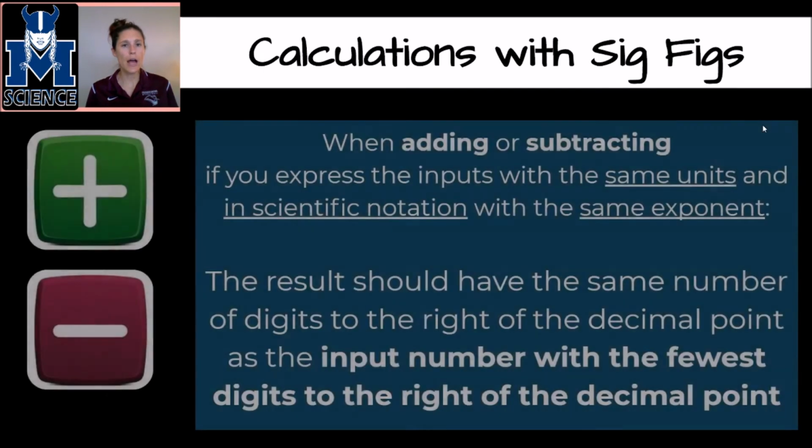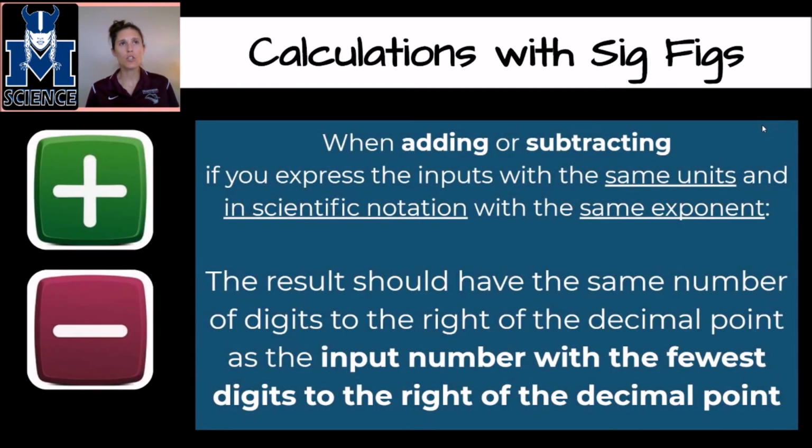When you're adding and subtracting, you need to make sure that your input numbers all have the same units, and that they're written in scientific notation with the same exponent. Then you can do your addition and subtraction, but you have to accomplish those 2 things first, or you're not going to be able to add or subtract them successfully.